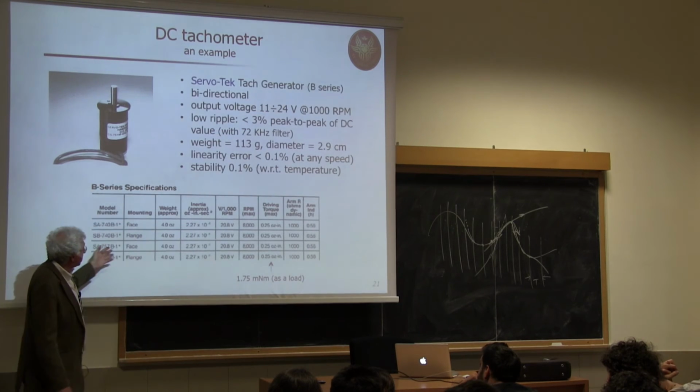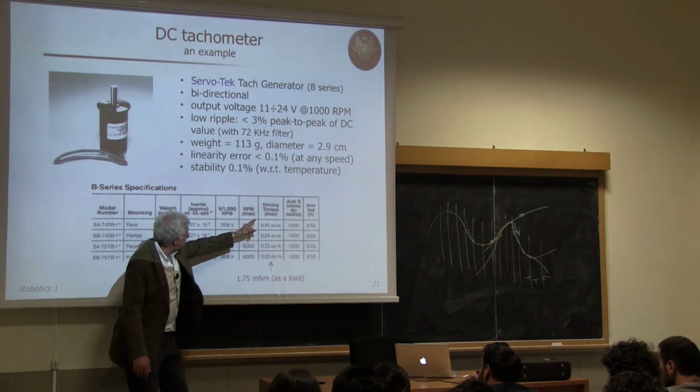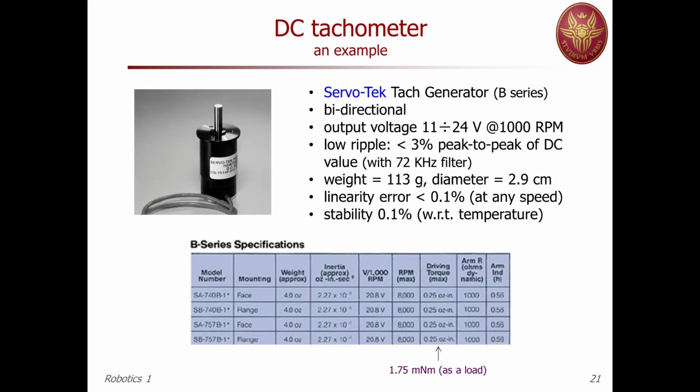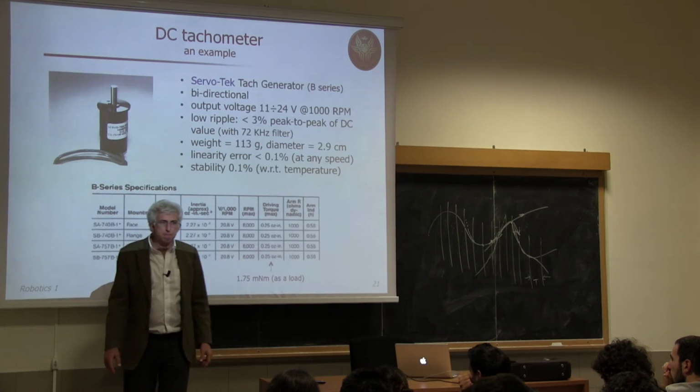And the last thing that I would like to show you is here, driving torque. Why do you see this? This is not a motor. So why do you see a driving torque? You should interpret this, apart from the units which are not standard international, so I provided you this conversion. So this is 1.75 millinewton meters.